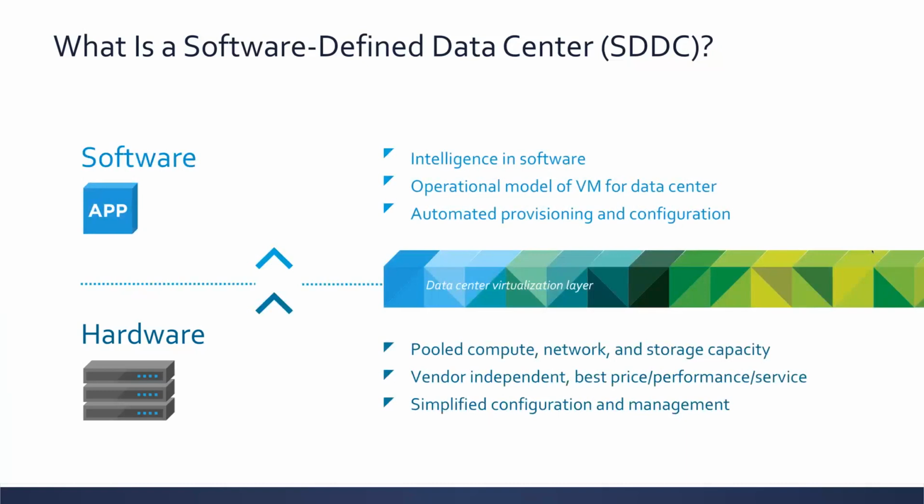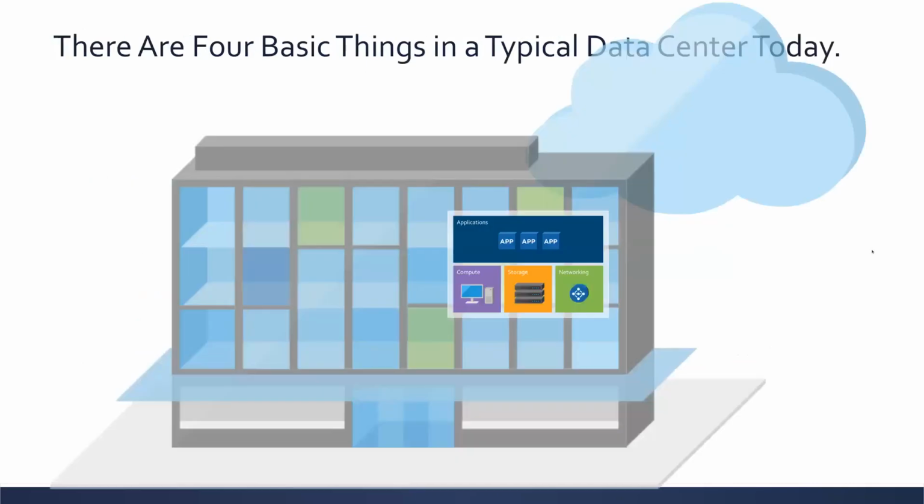So the intelligence lies there, and the hardware just becomes pooled resources, whether it's pooled compute, network, or storage capacity. It's vendor independent, so you can definitely go for the best price and performance because it's just an underlay, and whatever assists in simplified configuration and management, because again, the bulk of the workload and intelligence is decoupled and residing in the software.